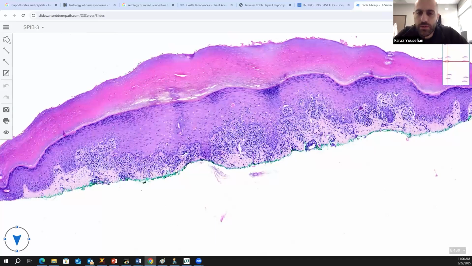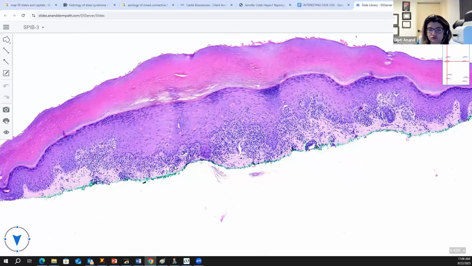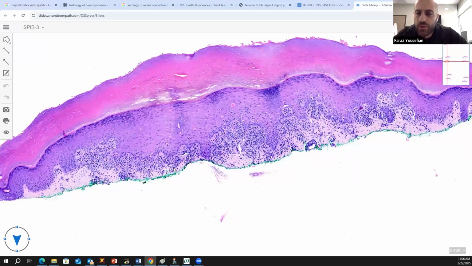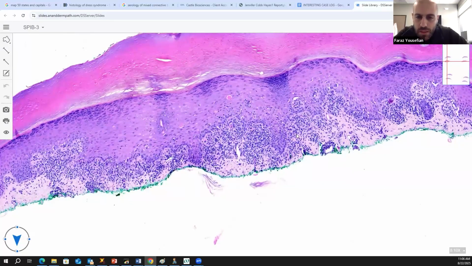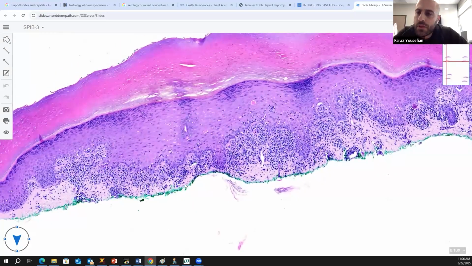I'm Faraz, PGY2. Okay. So I see kind of a lichenoid infiltrate at the DEJ. I can see the basal membrane pretty well, like some sawtooth ridges, kind of a hypogranular layer.